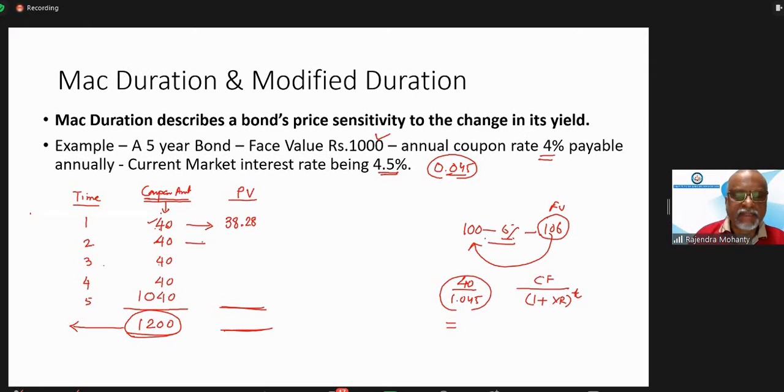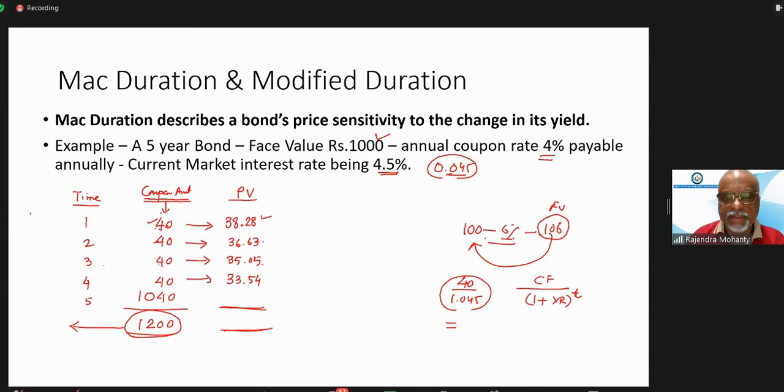You will get the second answer, 36.6291, 36.629163. Again press equal to: 35.05. Again press equal to: 33.5424.